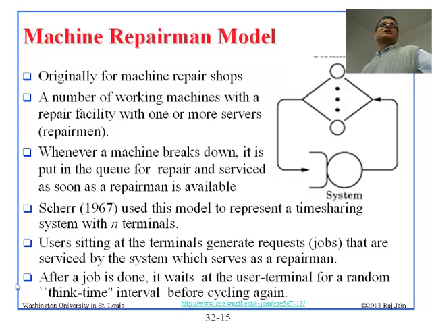So this is the model that represents that the repairman is just sleeping because no machine fails. If a machine fails, the person goes and repairs it and comes back. So this is the repairman, and these are the machines in that sense. For computers, this is the system, and these are the people who are using it.